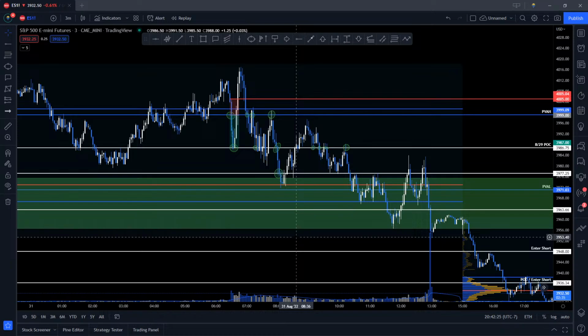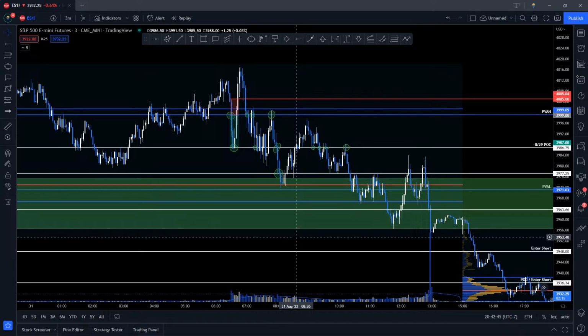So again, our levels might not be exactly the same on the chart, and that doesn't matter. You want screen time. You want to draw lines. POCs, value area high, value area low. Those levels will always be the same. Those are not subjective. They're objective.